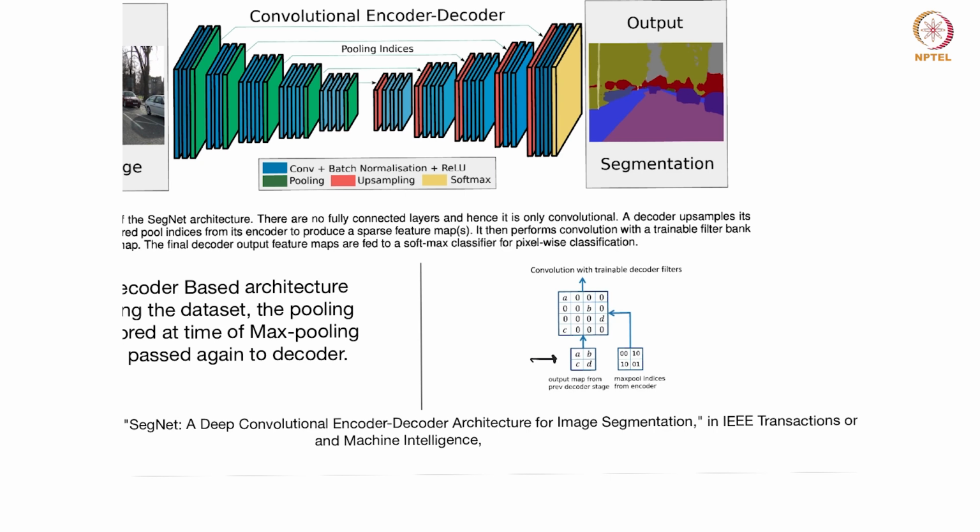So from the corresponding stage in the encoder, you would find out the indices from which the max pooling operator took the values to get to the lower size feature maps. And then you would put these elements into those indices.